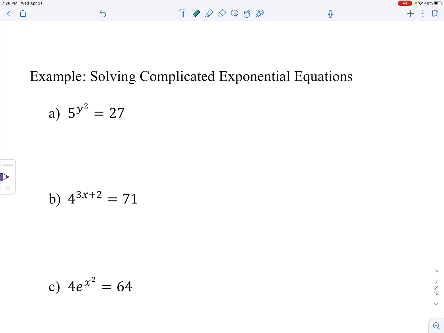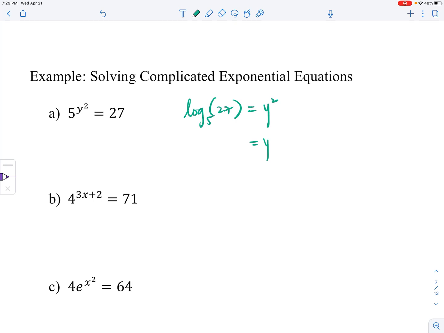You have to think about rewriting in the equivalent logarithmic form or using properties of logarithms. So 27 can't be written as 5 to a power easily, right? So then we will think about writing log base 5 of 27 equals y squared.